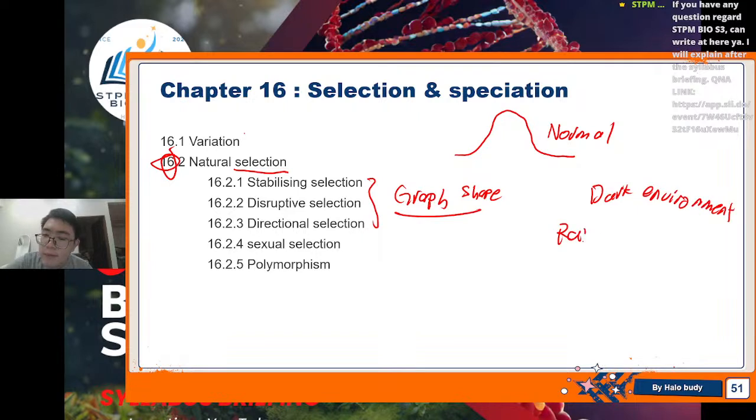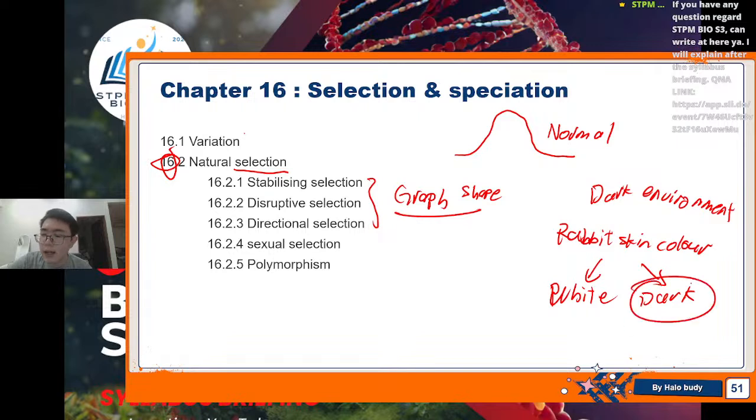the rabbit skin color. In a dark environment, should the rabbit skin color be white or dark? Which one is most suitable? The answer is dark, right? Why dark? Because if it is dark, the predator cannot easily eat the rabbit.